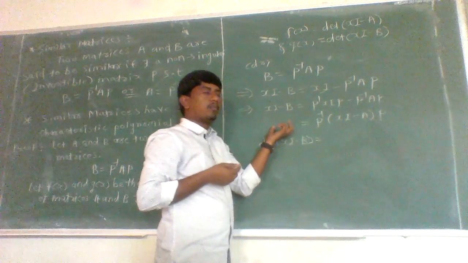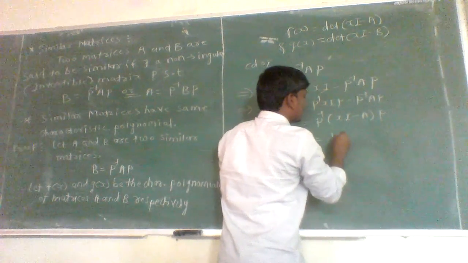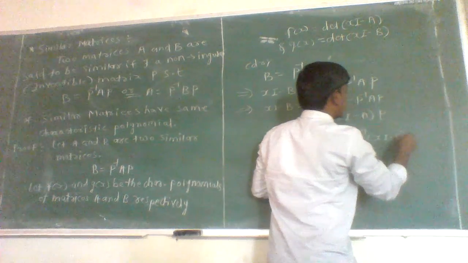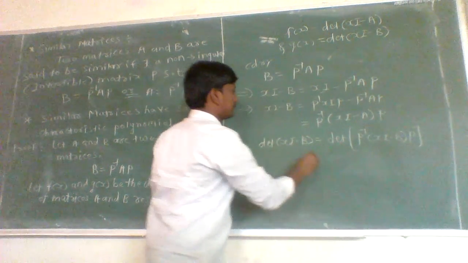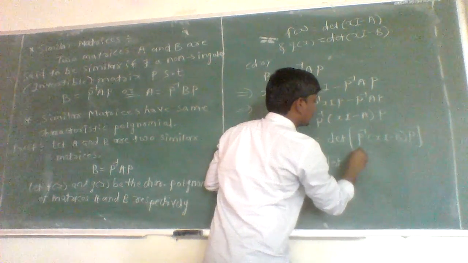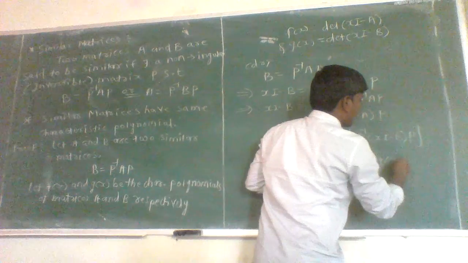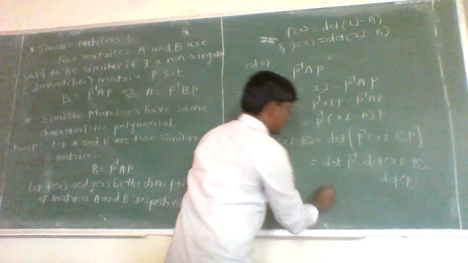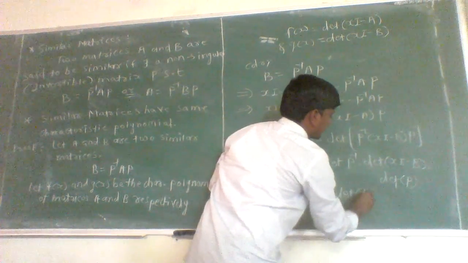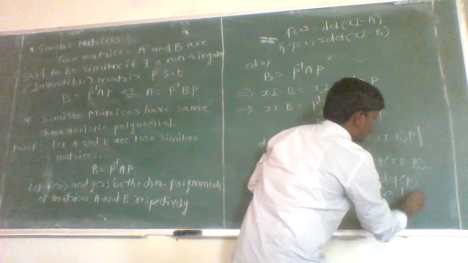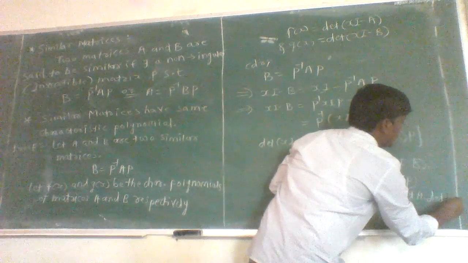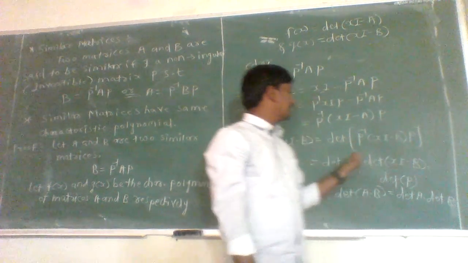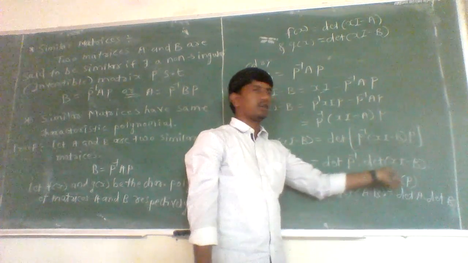Then we have to take the determinant of both sides. Then the determinant of xI minus B is the determinant of P inverse into xI minus A into P, which is the determinant of P inverse into the determinant of xI minus A into the determinant of P, since the determinant of matrices A into B is the determinant of A into the determinant of B.